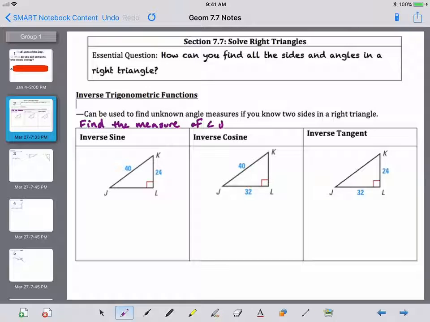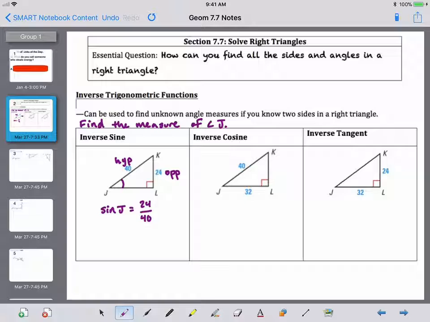Suppose we're finding the measure of this angle J, and notice that we have the side opposite and the hypotenuse in this right triangle. We know from previous lessons that the sine of J is the length of the opposite over the length of the hypotenuse.